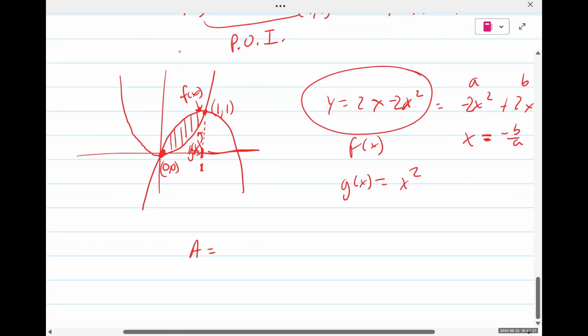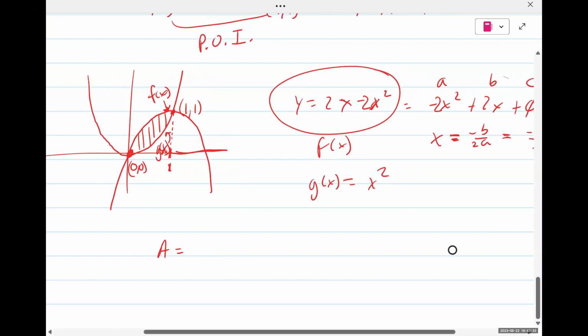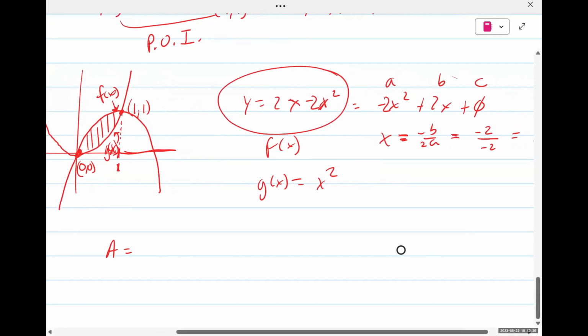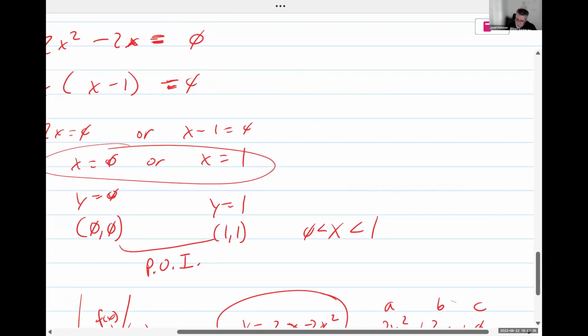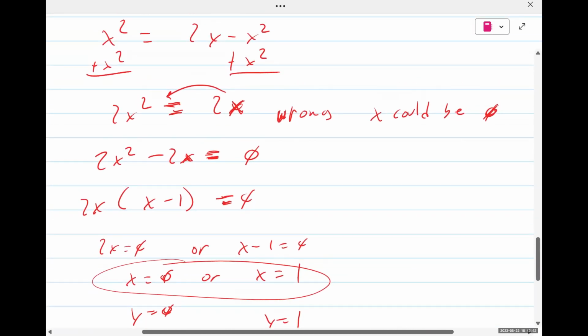Professor, I think you are wrong about the vertex of the parabola. It's negative b over 2a. Oh, I forgot the 2a. Thank you. So how did I mess up here? I think you added the 2 is what messed it up.